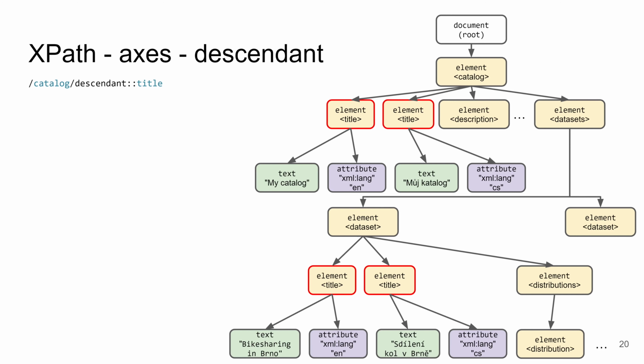Not only the direct children, but also those that are inside the dataset element down there. So this is the descendant axis. And of course, I can use the asterisk operator again and select all elements which are descendants of a catalog element. Now, I may also want to use the attribute axis.